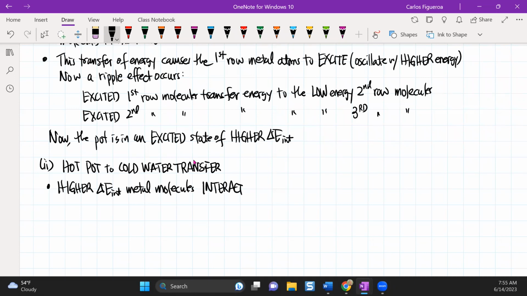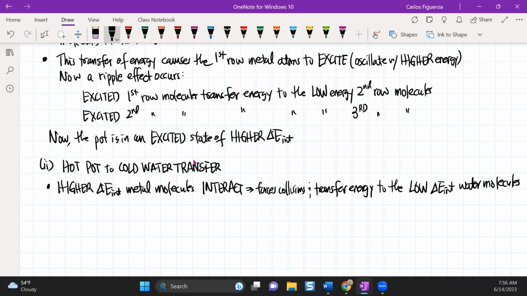And what do I mean by interact? It forces collisions and transfers energy to the low internal energy water molecules. And of course, that increases K micro, or K internal.